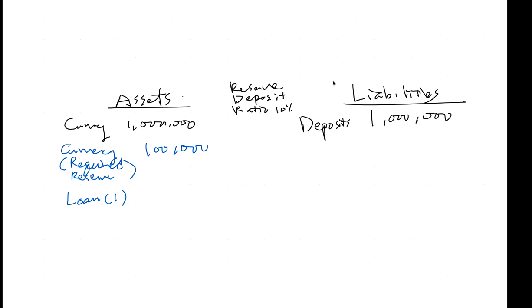900,000. Yeah, 900,000. I gave the example of ComEx, right? ComEx borrowed money from this bank and spends this money, and people will eventually deposit it. So someone sold a car to ComEx, received checks, and deposited 900,000 in the bank.